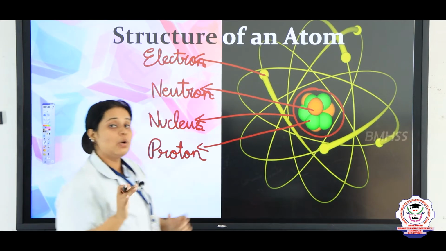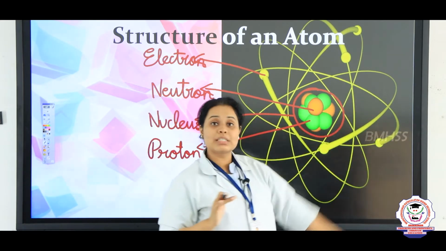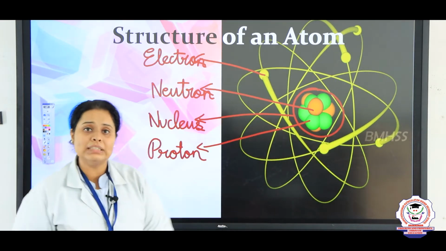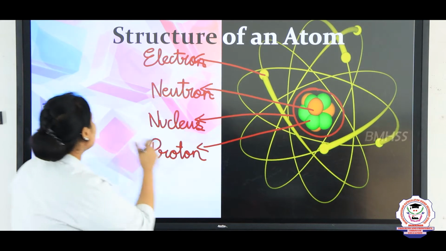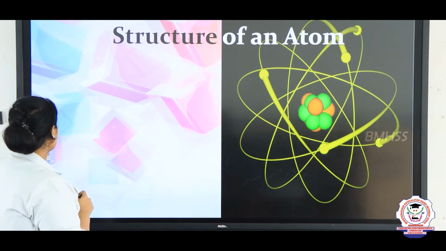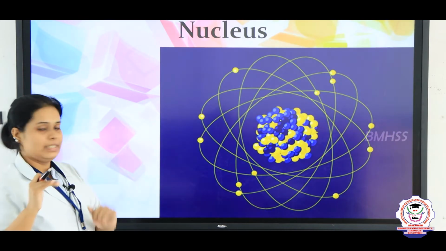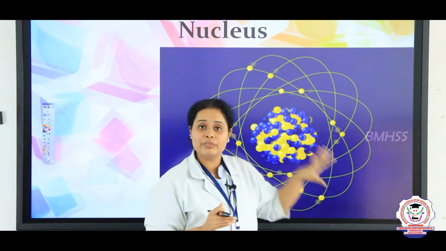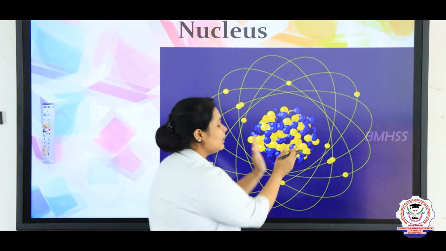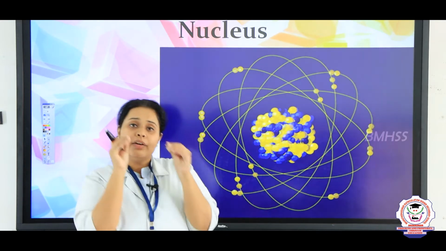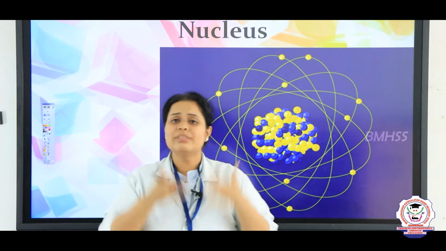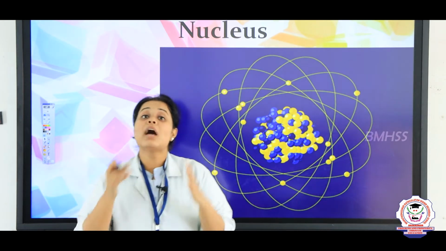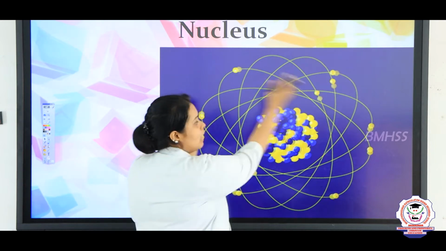Okay children. Now we are going to discuss each in detail, including the charges, the mass and so on. First, the nucleus. I told you the nucleus is the center part of the atom, and it is so small that you cannot see it even through a microscope, because it is 10,000 times smaller than the atom.